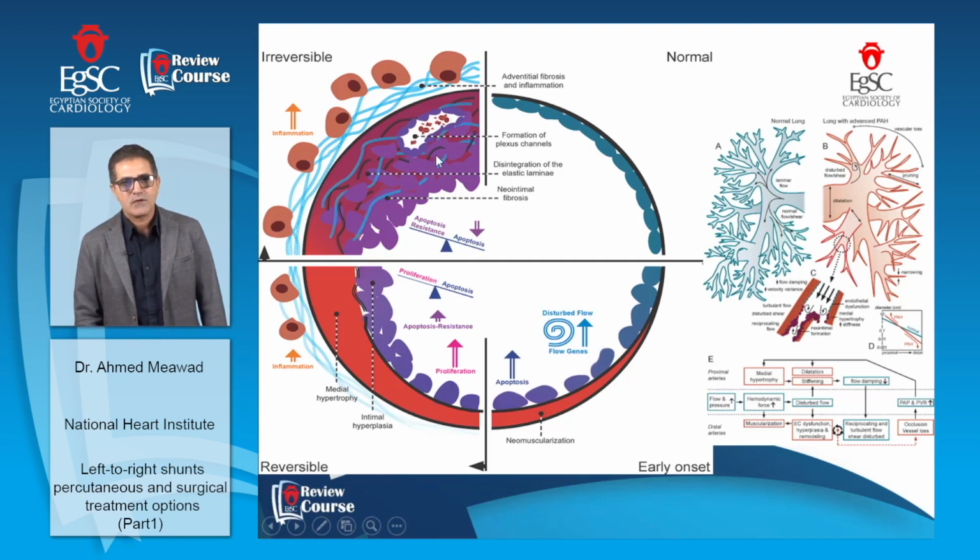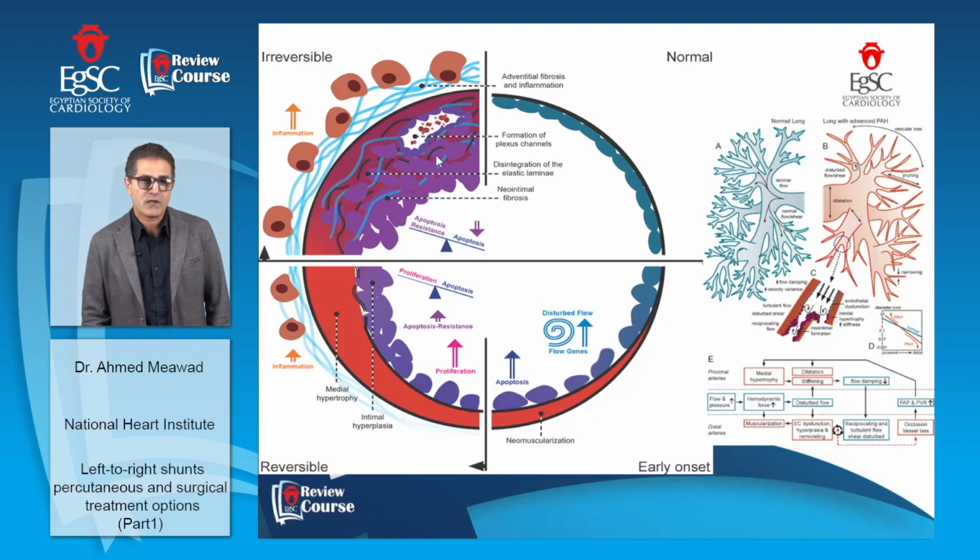This will be reflected on the right ventricle, increasing the RV pressure, which may cause right to left shunt and systemic desaturation. At this stage, surgical or percutaneous closure is contraindicated. It may cause high mortality or severe intractable right ventricular failure.